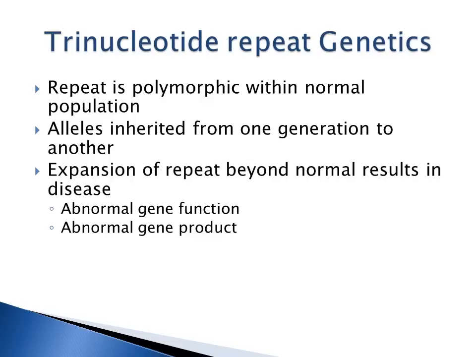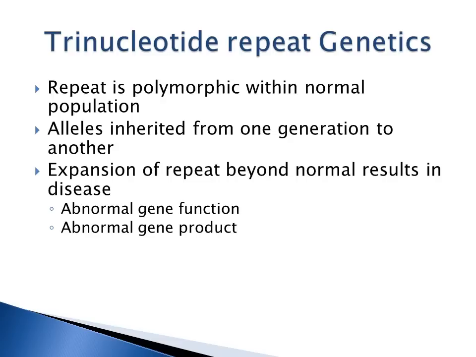When you're looking for these trinucleotide repeats, the number of repeats varies among the population, so the repeat is polymorphic. One individual may have a trinucleotide repeat that repeats 50 times. Another may have a repeat that repeats 100 times.